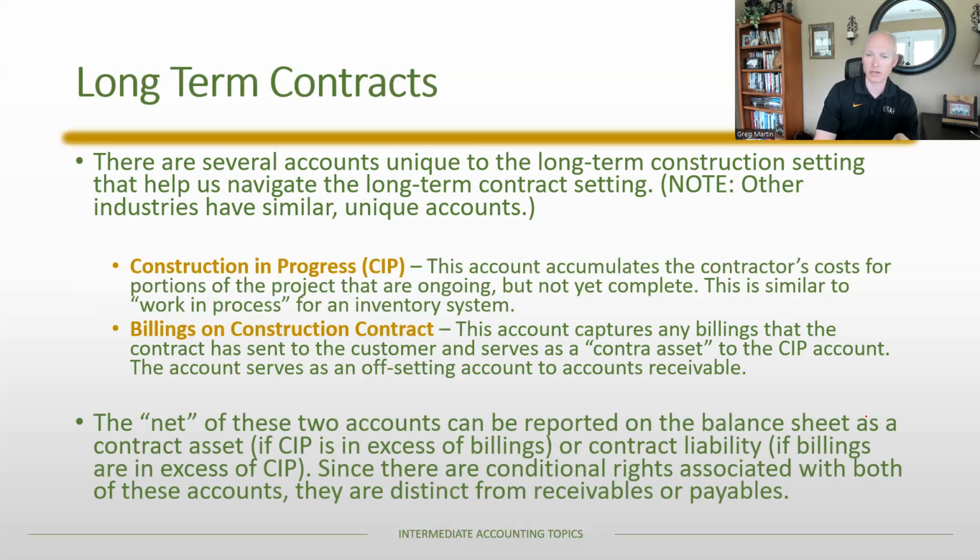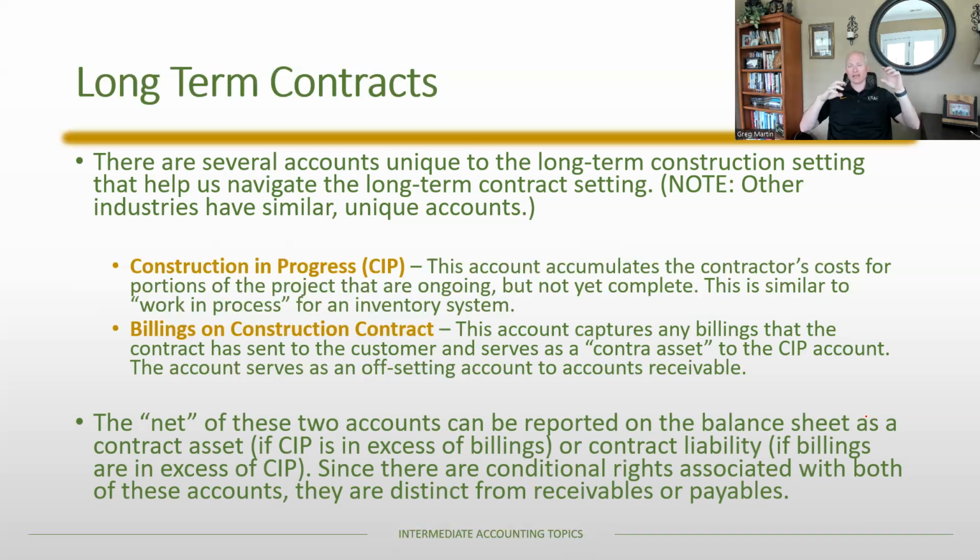So interesting that you notice here, the billings on construction contract is a contra asset account. Yet, if the billings are more than the CIP, we actually report it as a current liability. All right, but it's a contract liability, not a payable. So I want to be very clear. We have these distinct types of accounts.